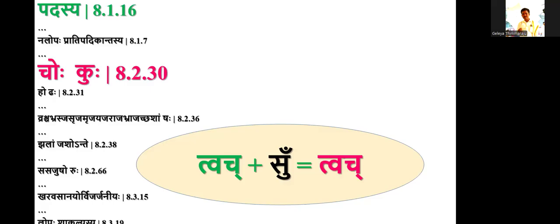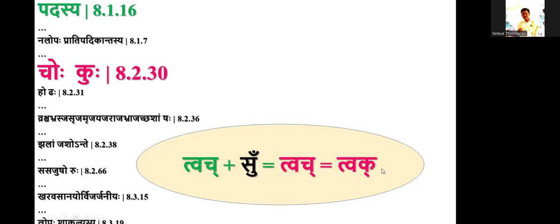Chakara will be kakara, jakara will be converted into gakara, like that. Here this tvach is a pada because it is a subantam. By Suptinantam Padam, it is a padam. So it ends with chakara. By this sutra Choh Kuh, the chavargiya vyanjana at the end of the pada will be converted into kavargiya vyanjana. So we have tvak.